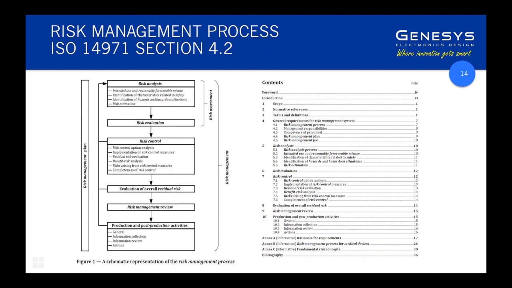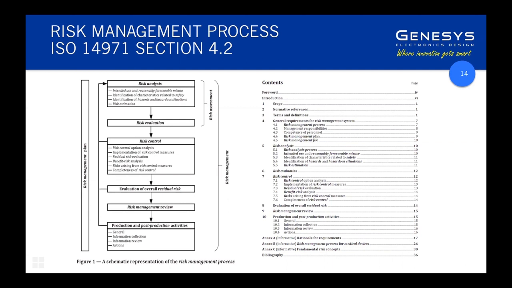I guess 14971 is heavily focused specifically on medical, so it's slanted towards medical device aspects, but the general principles of risk management are not dissimilar across a number of different standards. And similarly, when you get into the hazards analysis part, there are a whole heap of different standards that look at hazards from a different point of view. Their principles are very similar. It's just that the particular standards are tailored to the domains that they address.